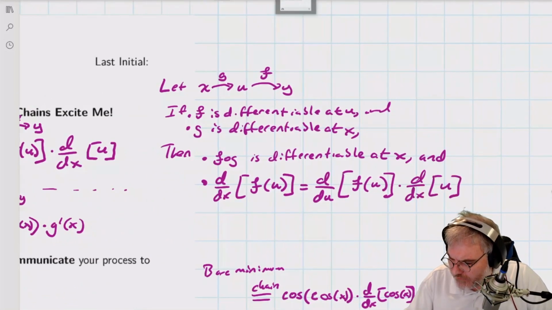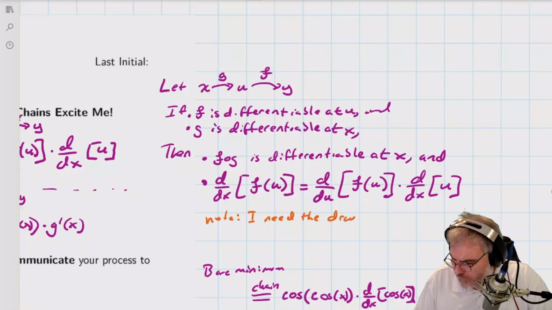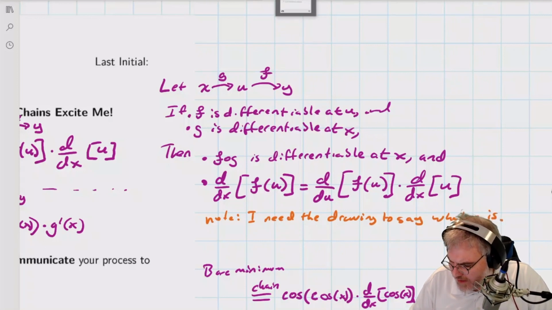But note, if I don't say what g is, I need the drawing to say what g is.